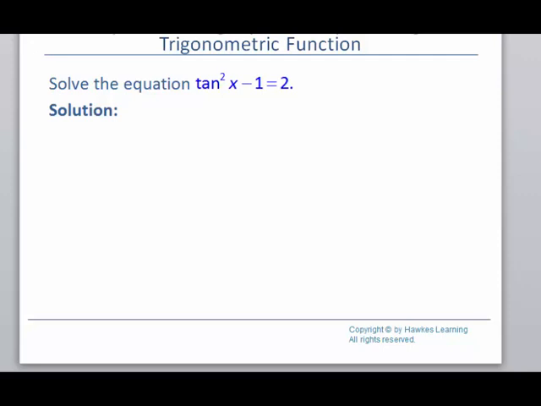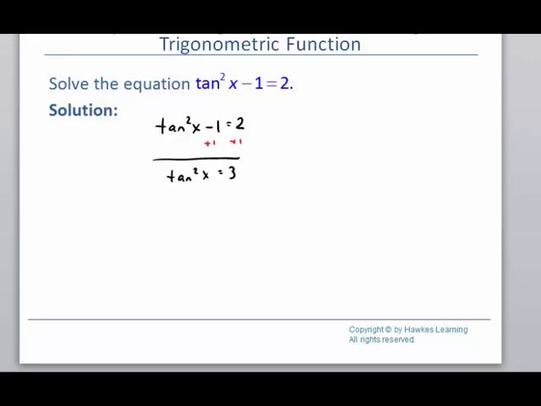So in order to do that, the first thing I'm going to do in my attempt to get tangent x by itself is add 1 to both sides. So that's going to give me tangent squared x is equal to 3.